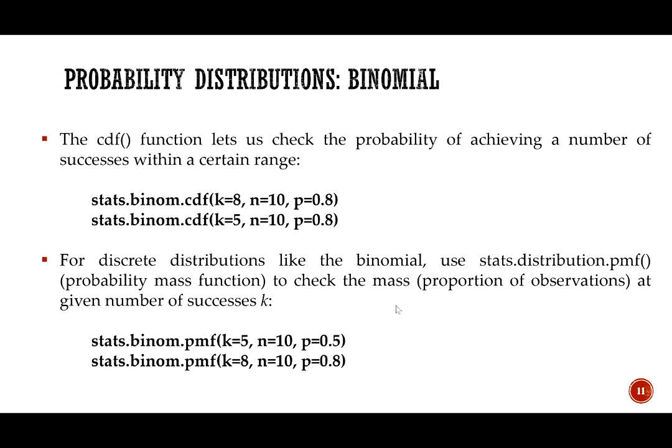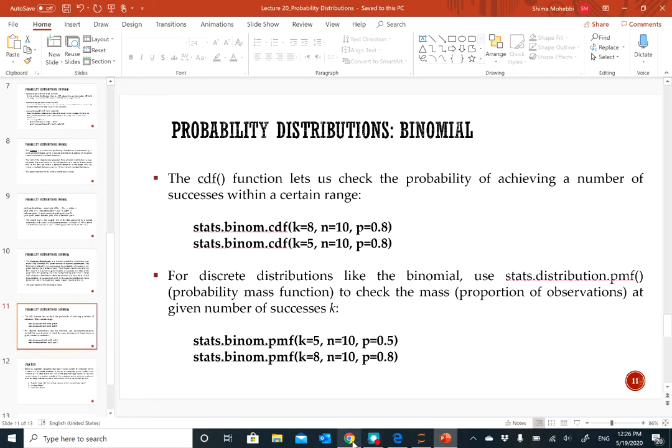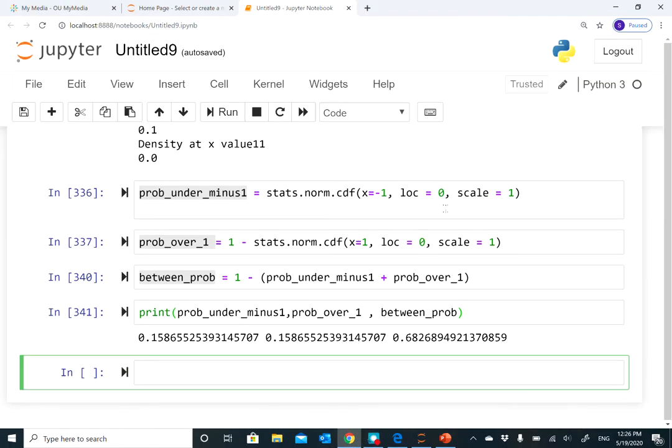Now let's implement this. A notebook, stats.binom.cdf, let's say we want to find the probability we see at least 8 successes, n equal to 10 and p is equal to 0.8.